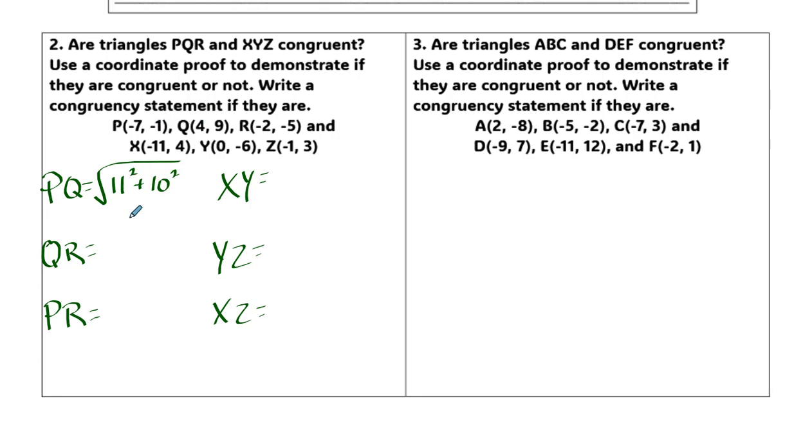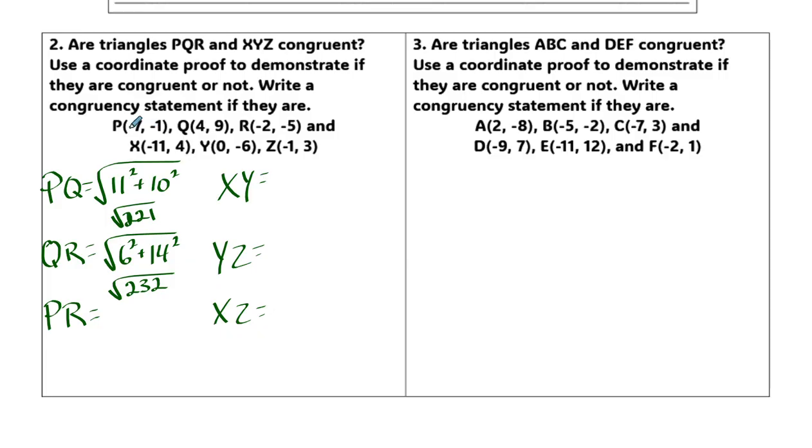That's 121 plus 100, that's the square root of 221. From Q to R, from 4 to negative 2 is 6. From 9 down to negative 5 is 14. 14 squared is 196 plus 36 is 232.